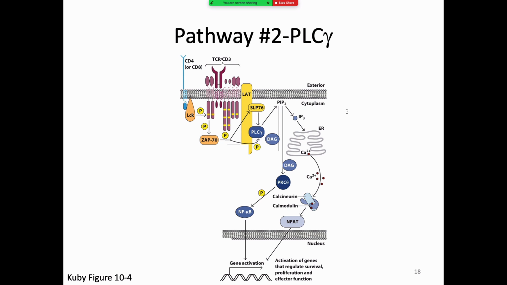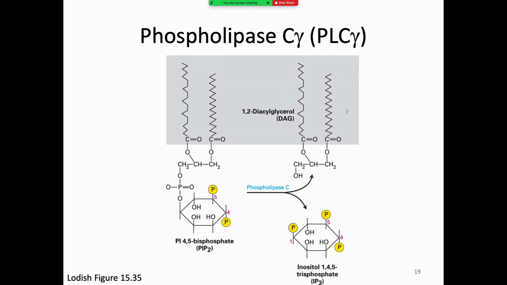In order to make some sense of PLC gamma, I want to tell you what PLC stands for. PLC stands for Phospholipase C. If we look at the name Phospholipase C, this will tell us some things about PLC gamma and will help us understand what PLC gamma does.